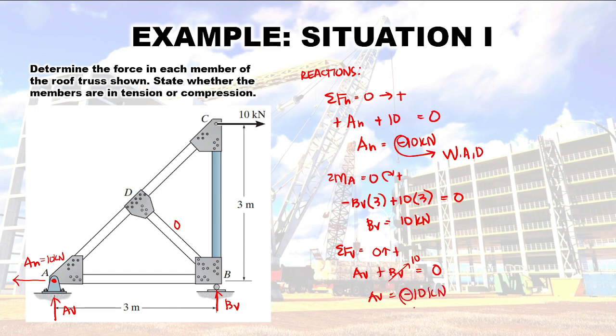Again, the negative here is a wrong assumption of direction. So, therefore, it is not going upwards, it is going downwards, 10 kilonewton. Okay? So, after our reactions, we can already do the method of joints.